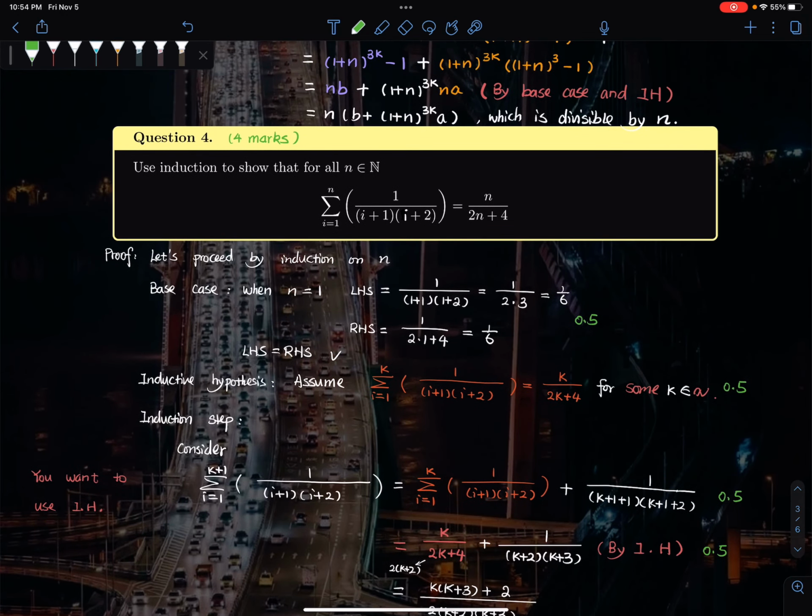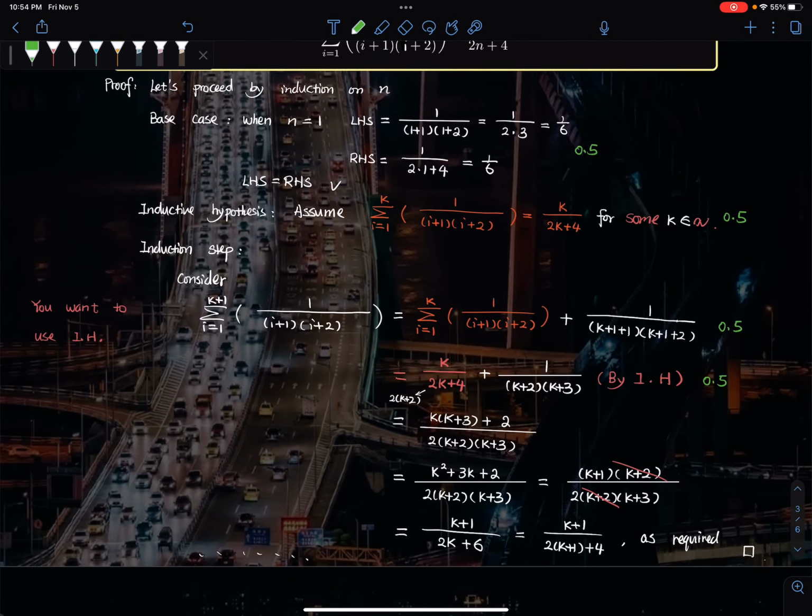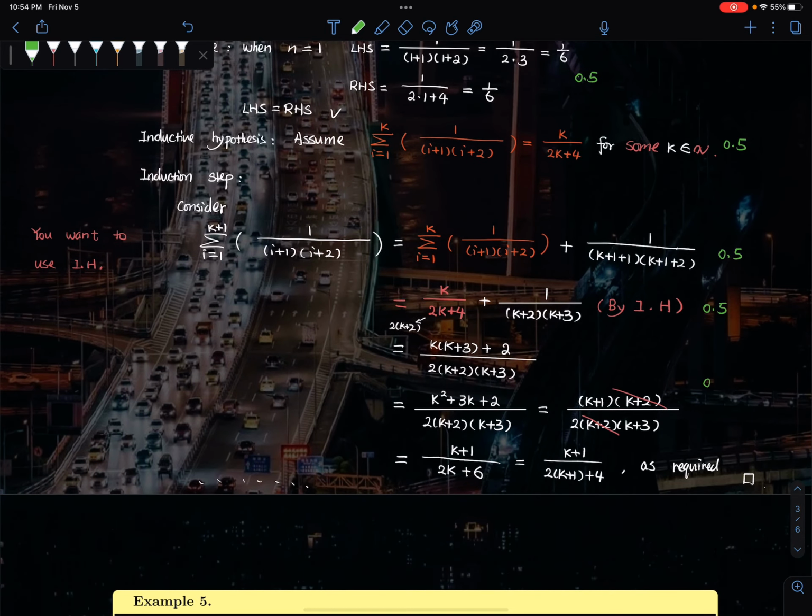Then this is probably going to be 3 marks because there isn't that much to do. So we change it to 3 marks. So half, half, half, half, and the rest is half. And reaching the last part is half. So getting from here to here is half and half.